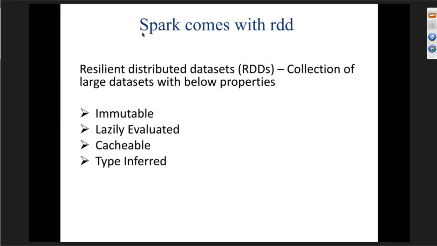Spark does make sure your data sets are fault tolerant. It has four important properties called immutability, lazy evaluation, cacheability, and type inference. Those are the four important properties that RDD comes with.